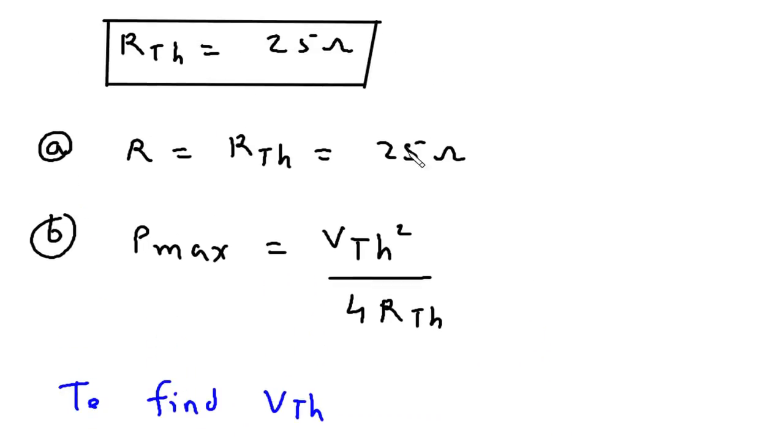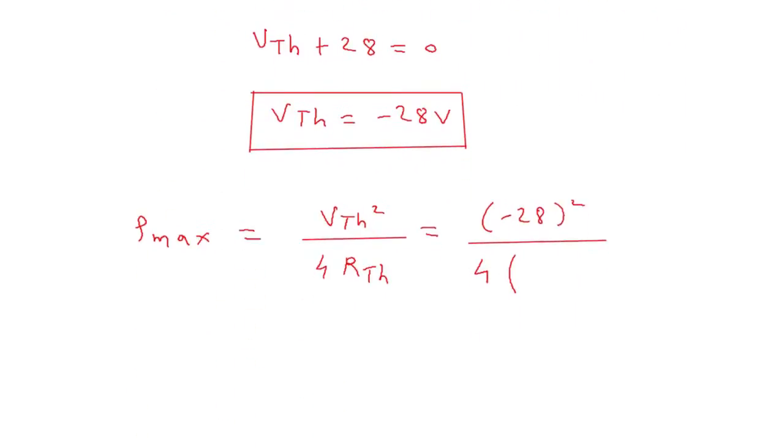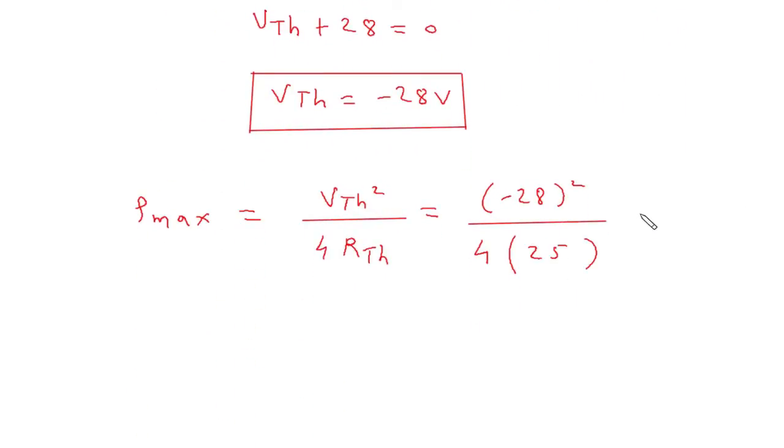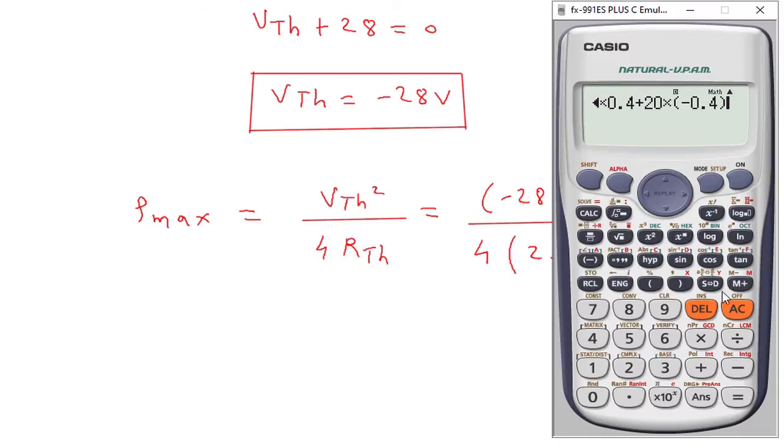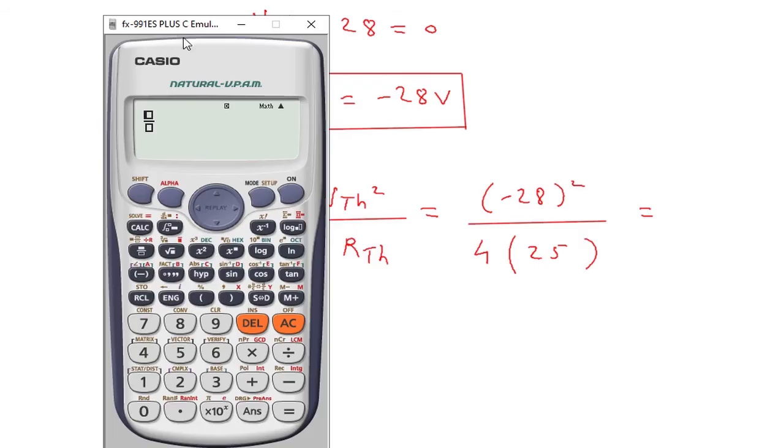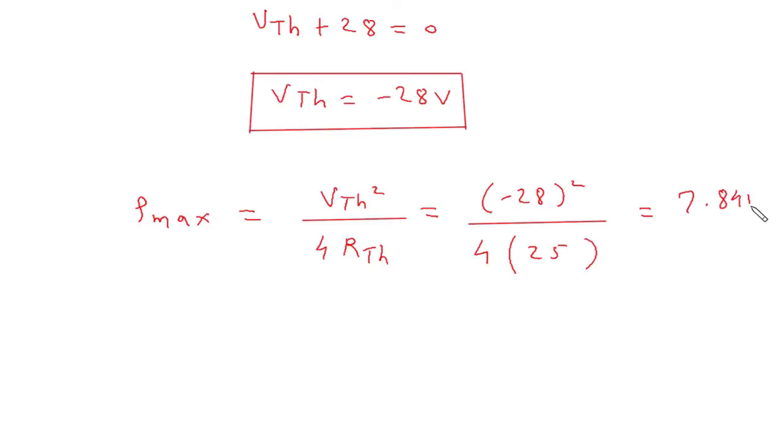Now RTH is 25 ohm. So this will be minus 28 square divided by 4 into 25. 7.84 watt is the value of P max.